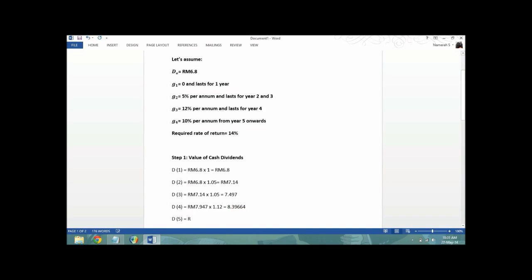The dividend for year 5 is equal to RM 8.39664 into 1.10, which is equivalent to 9.236304.